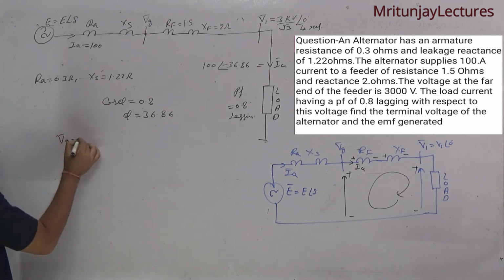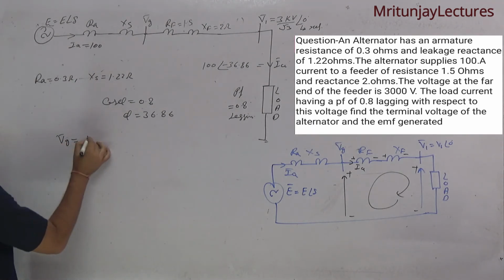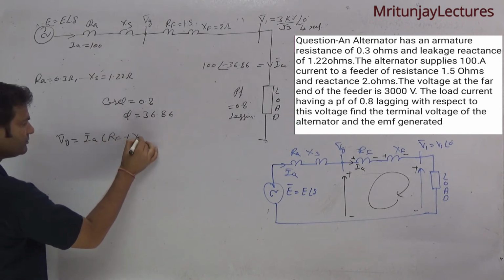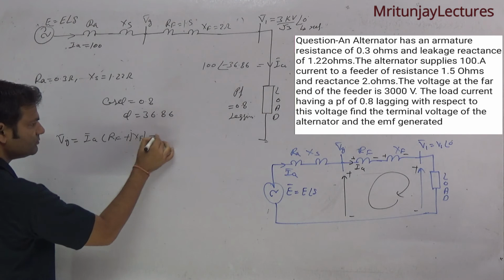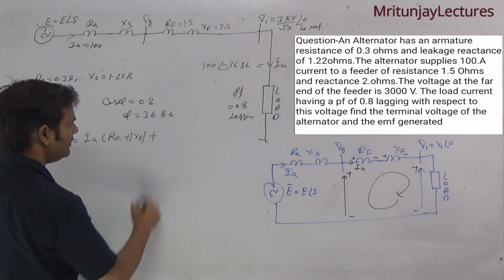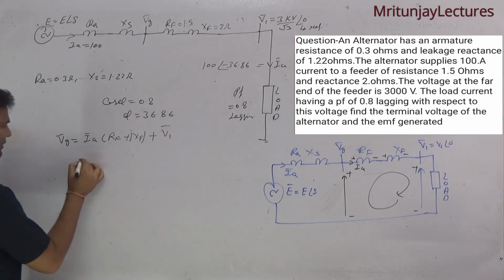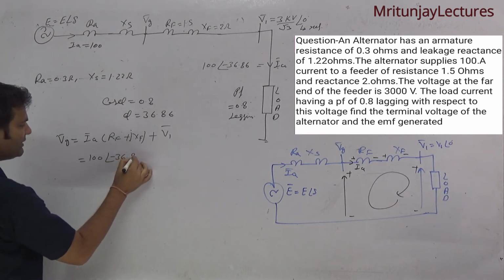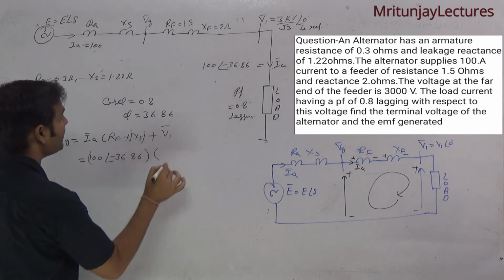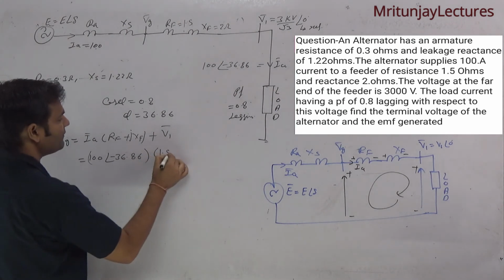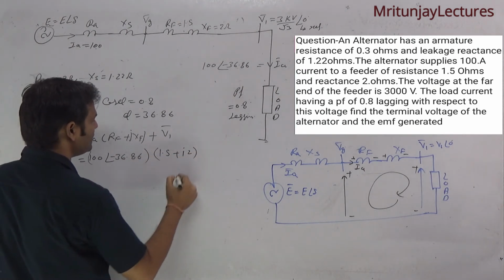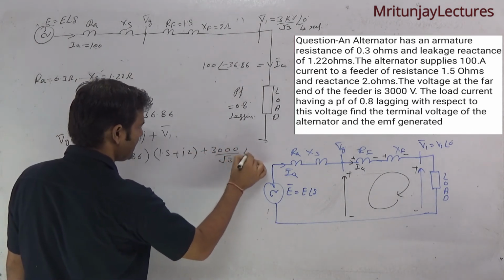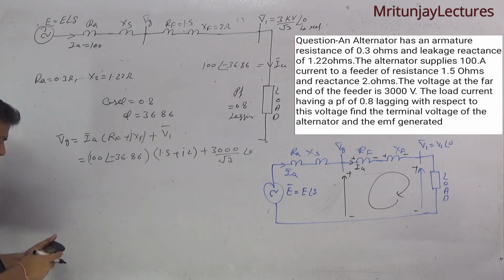VG is equal to IA into RF plus J2, plus 3000 by root 3 at the angle 0. So IA is 100 at the angle minus 36.86 into 1.5 plus J2.